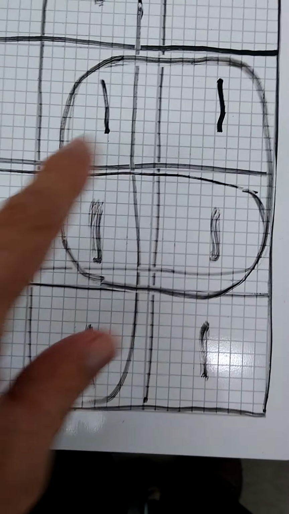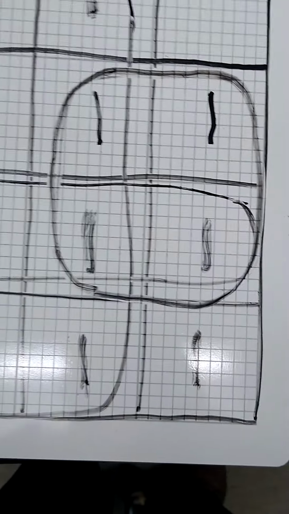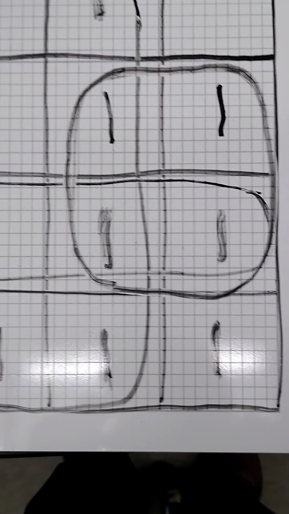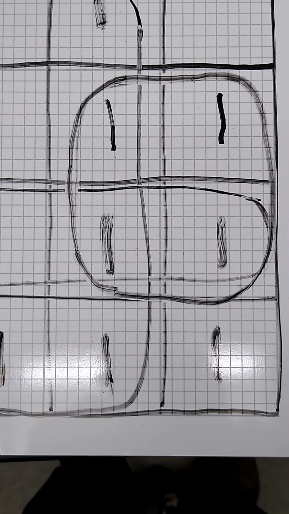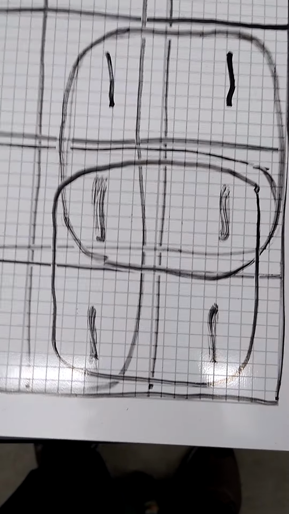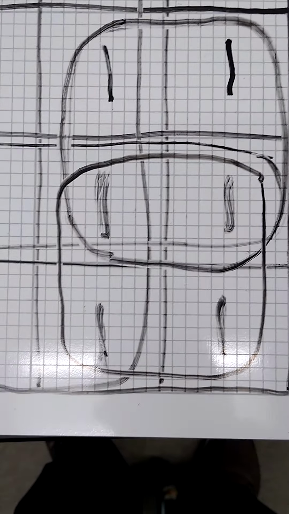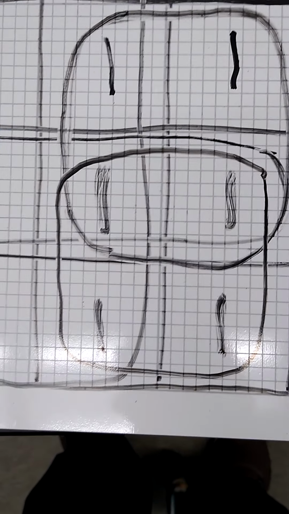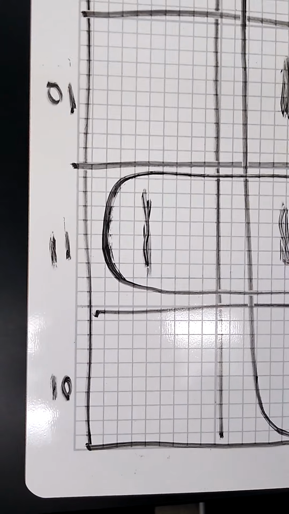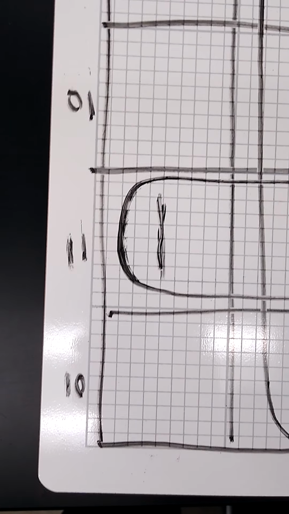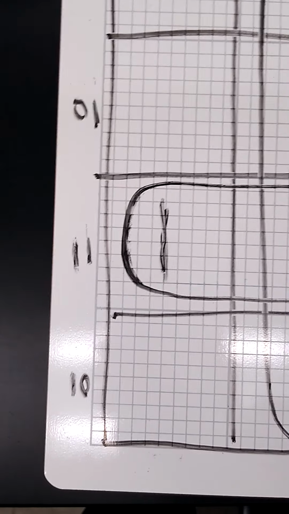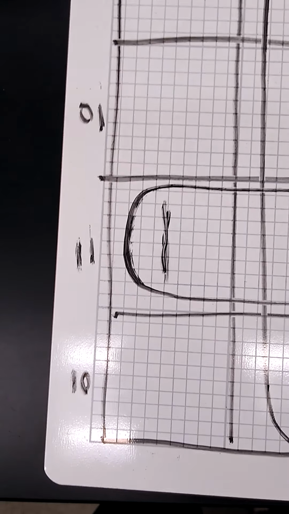I will do another group of 4, and that will give me another term for the equation. Okay, so you can see that this is the last group of 4 ones. So in this case, the value of B changed from 1 to 0. The value of A is 1.